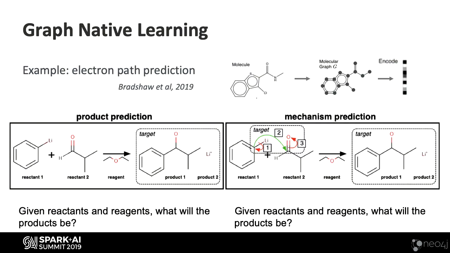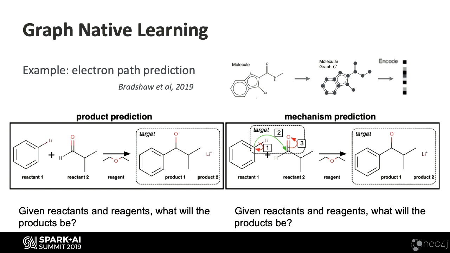So what on earth does this mean in practice? This is maybe my favorite example of the whole talk, but it's super technical. I'm happy to talk about it afterwards. Molecule predictions. So molecules are natively graphs, so I have different atoms that are connected to each other. Super easy to represent that as a small graph. I want to know, given 2 molecules or 2 reactants and a reagent, I mix them together, what are they going to make?